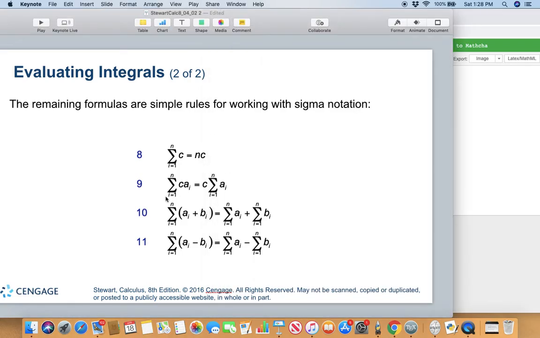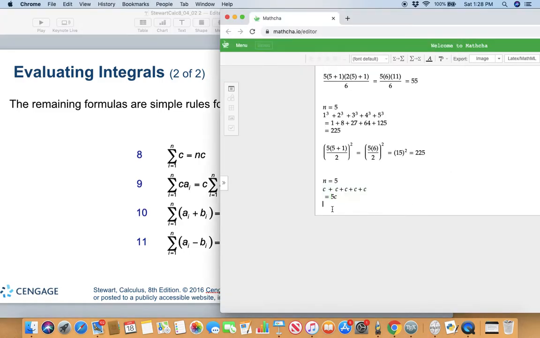On the other hand, if I have sigma i going from 1 to n of c times a sub i, what does that mean? Well, I don't know what c is or what the a_i are, but what the summation means, let's write this down.